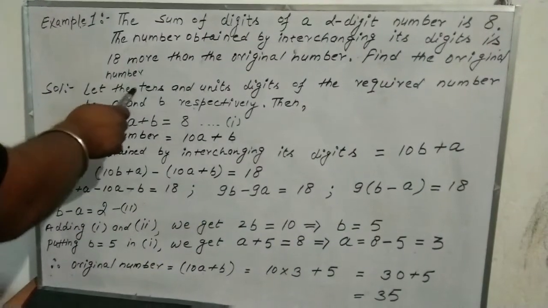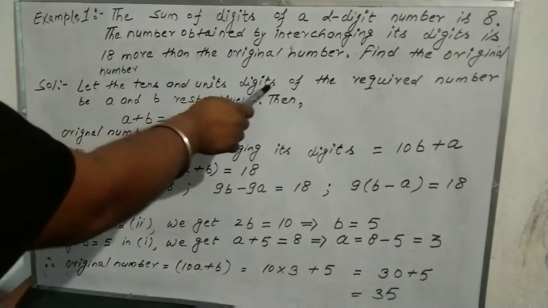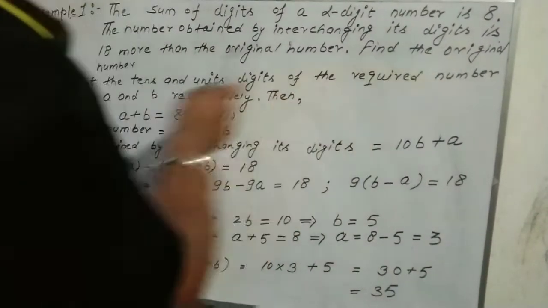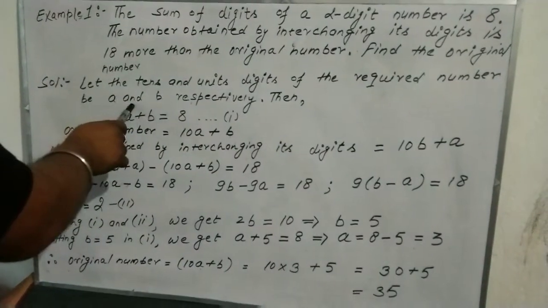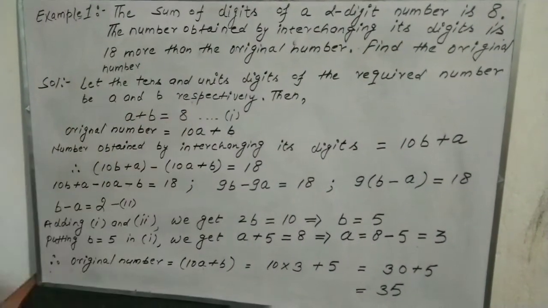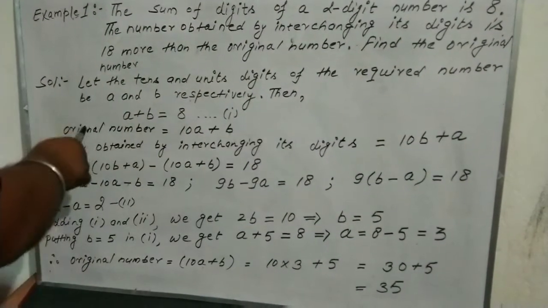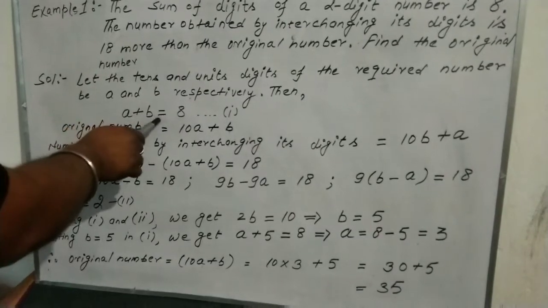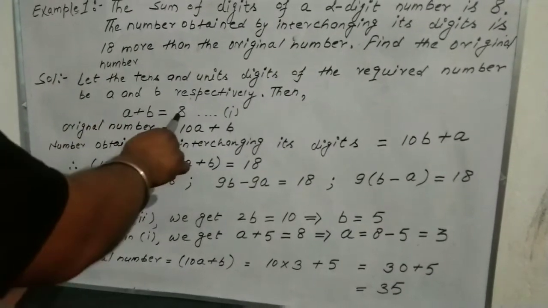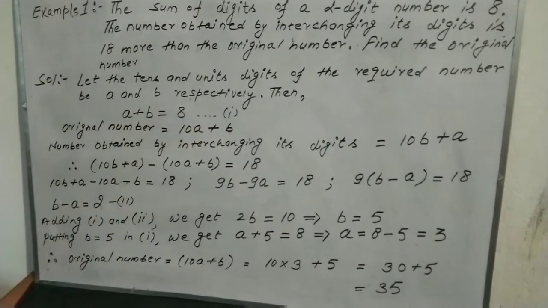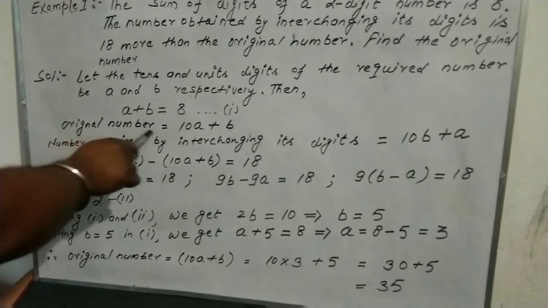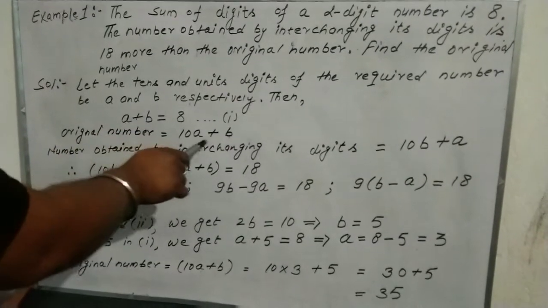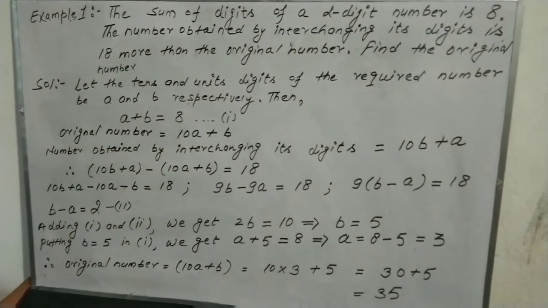Solution: let the tens and unit digit of the required number be A and B respectively. Then, according to the question, A plus B is equal to 8. It is our first equation. Therefore, the original number is equal to 10A plus B.